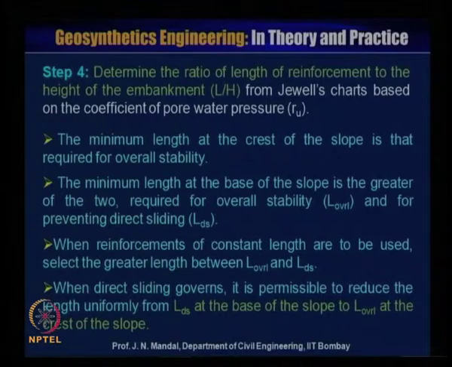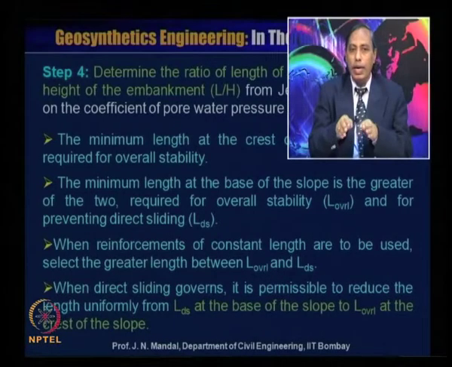The minimum length at the crest of the slope is that required for overall stability, and the minimum length at the base of the slope is the greater of the two required for overall stability, L overall, and for preventing direct sliding, LDS.